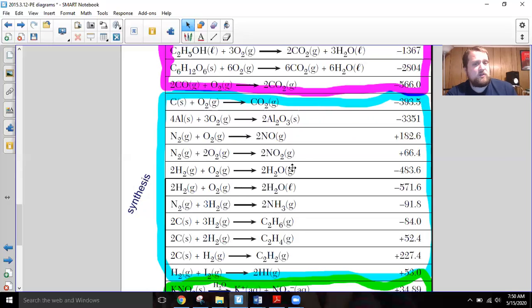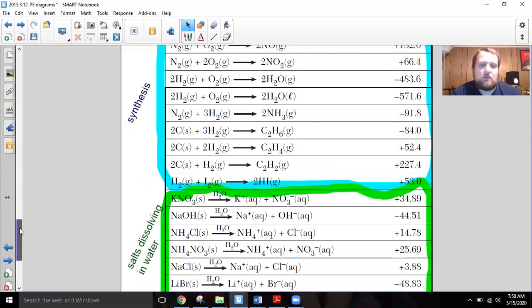So decomposition would be the reverse of that, and I know the reverse would be positive 483.6. They would do that to you, but they're not this year. But the CASA learning assignment might. So this section is for the synthesis and also decomposition reactions.